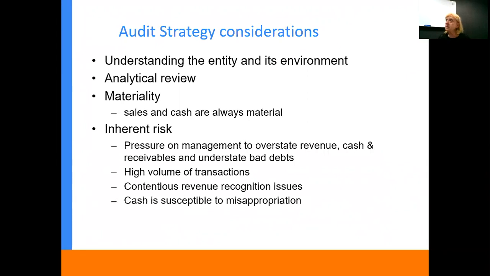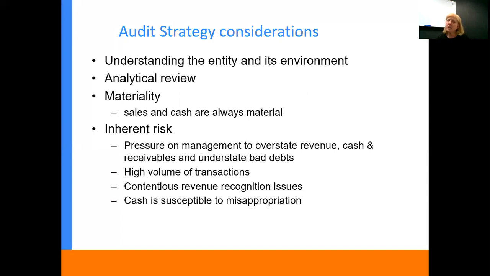And the inherent risks. I want to know what sort of pressure is on management to overstate revenue, cash and receivables, and to understate bad debts. And if you think back to that fraud triangle that we looked at when we looked at fraud and the auditor's responsibilities in relation to fraud, if there's a lot of pressure on management to overstate revenues, then I'm looking at the incentives and pressure associated with that.